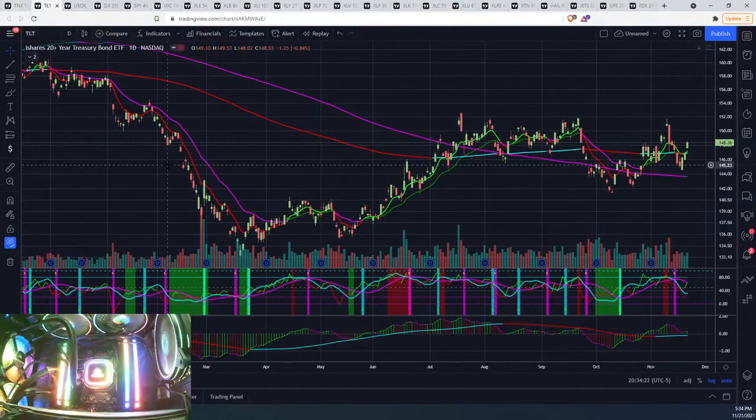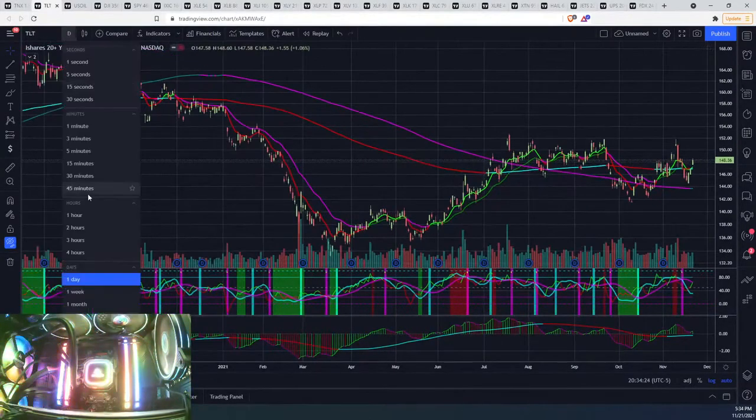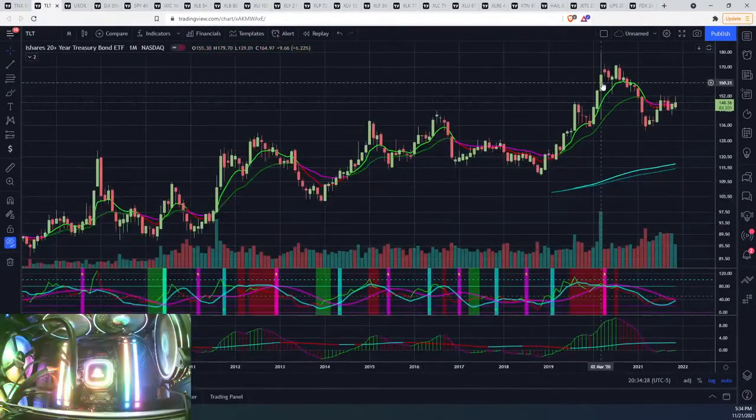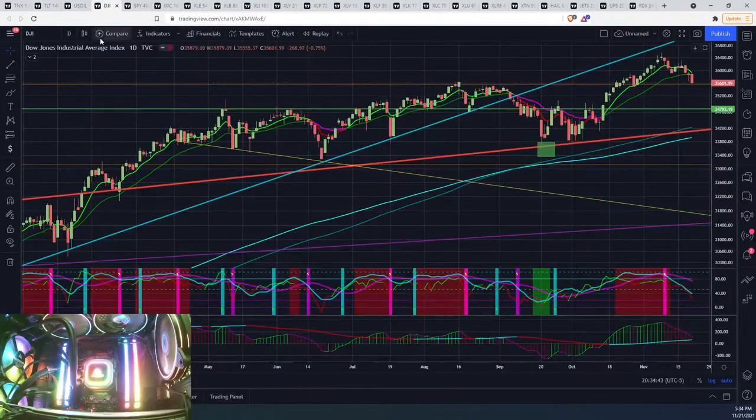So let's look at the TLT and look at it on the monthly here, and let's correspond up our time frame. What was this right here? That was March of 2020. What was that? Well, that was the stock market crash, obviously. So if we just flip over now and we look, obviously oil went to zero during that time frame, and went negative. What happened with the Dow?